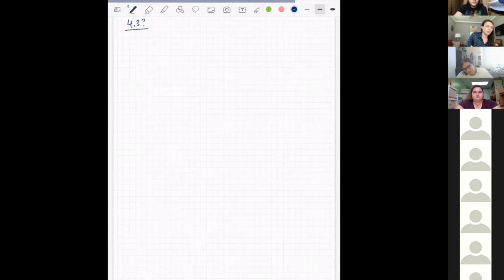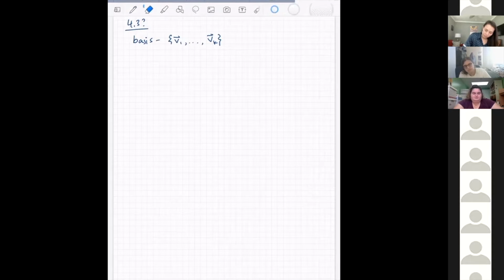So we have a notion of basis and also dimension. A basis is going to be a collection of vectors from our vector space, such that the collection spans the entire vector space.